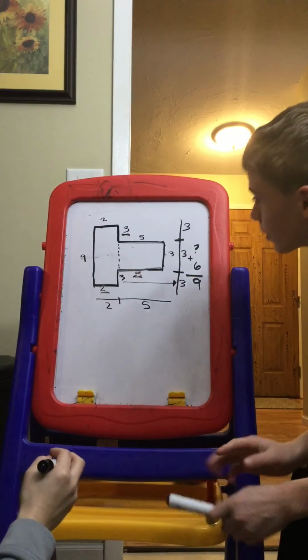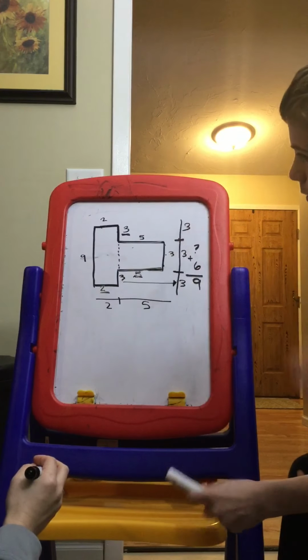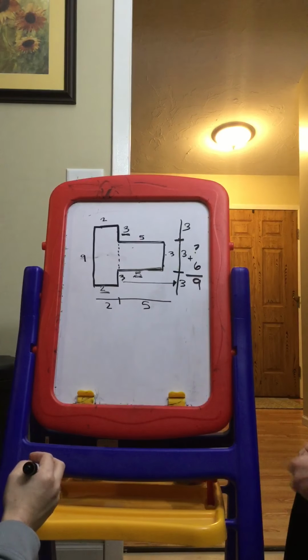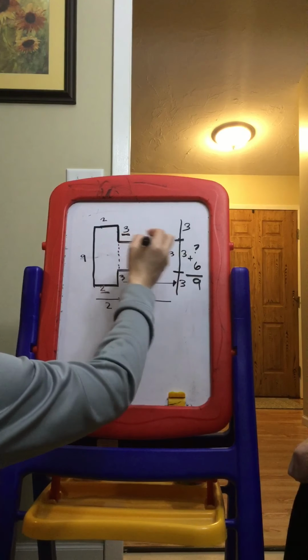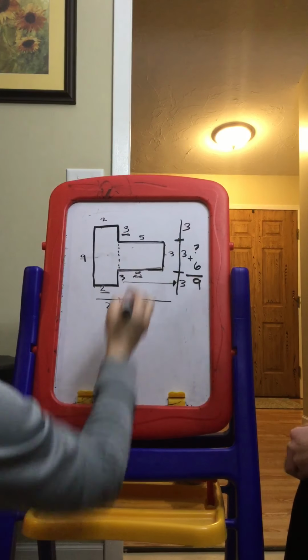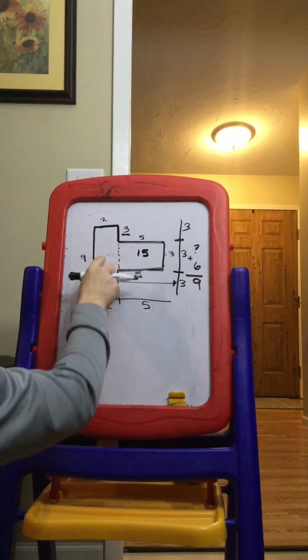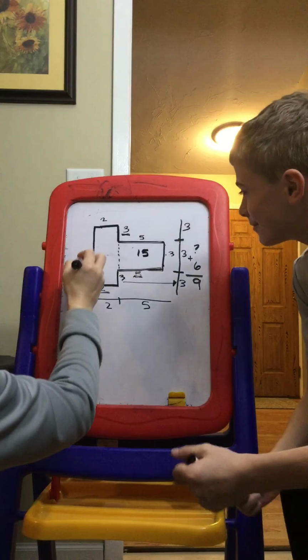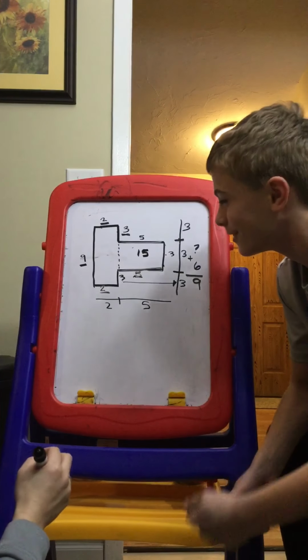Well, first off, you see the 5 right there, and then you see a 3, which you do 5 times 3, clearly. The length times the width equals the area. So the product of 5 and 3 is what, Wesley? 15. Good job. And now we're going to go over to the second one, and the product of 9 and 2 is what, Wesley? 9 times 2, oh my, that's 18.